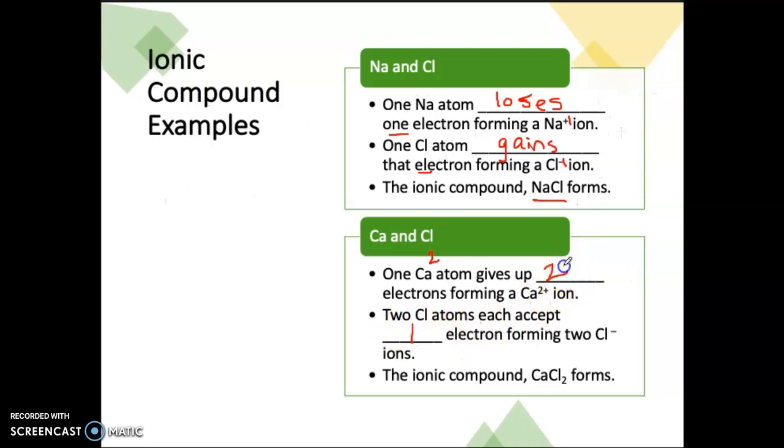So one of these electrons will go to one chlorine, and the other one will go to the other chlorine. Each chlorine becomes -1 charged. You end up with a compound where one calcium gives away 2 electrons to 2 chlorines. So the formula is calcium chloride, CaCl2.